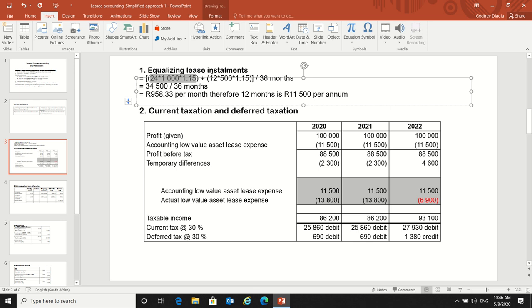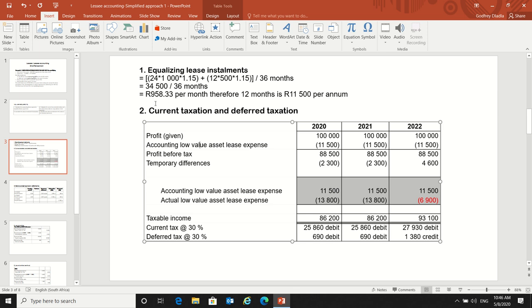Okay, you'll see again here we're saying it's 12 times 500 times 1.15, so meaning adding the VAT in it, divided by 36 months, and that will give us 34,500 divided by 36.